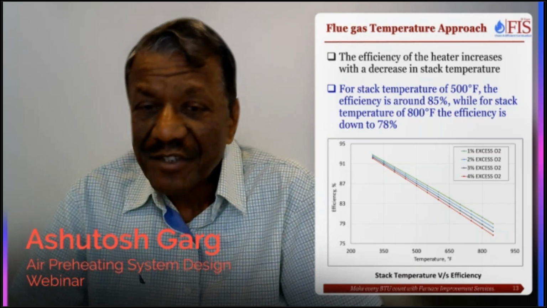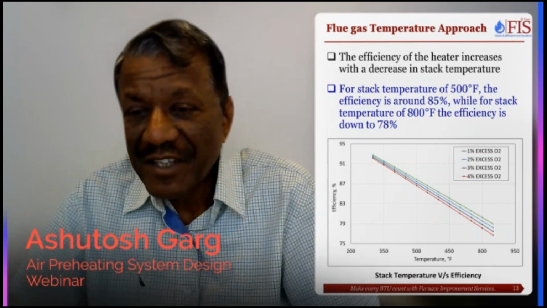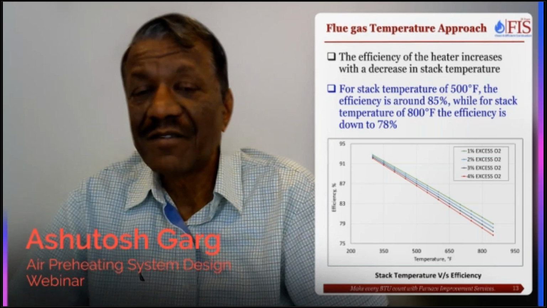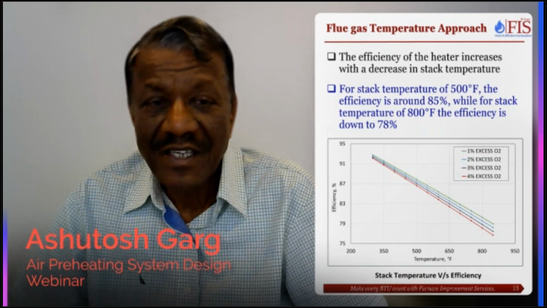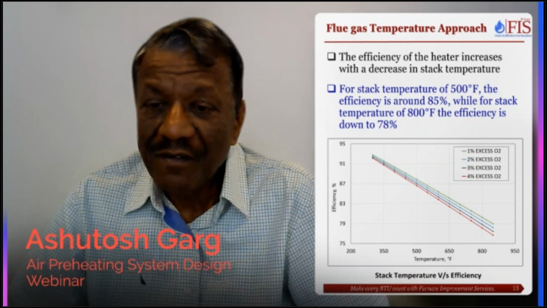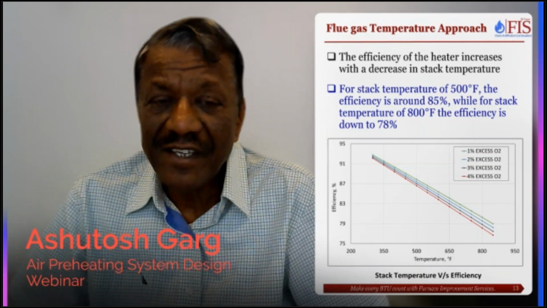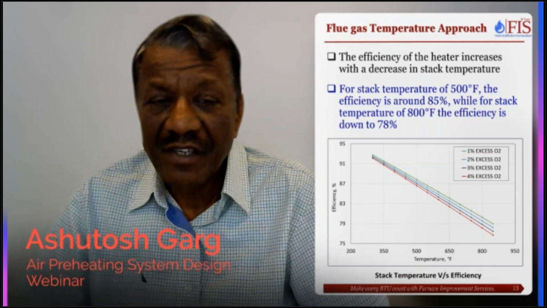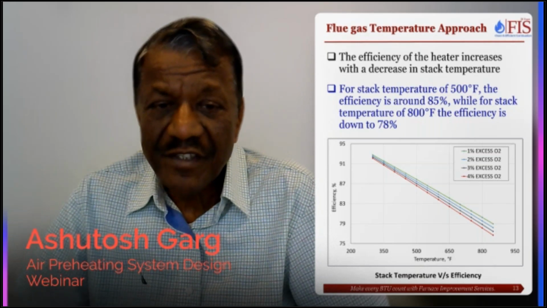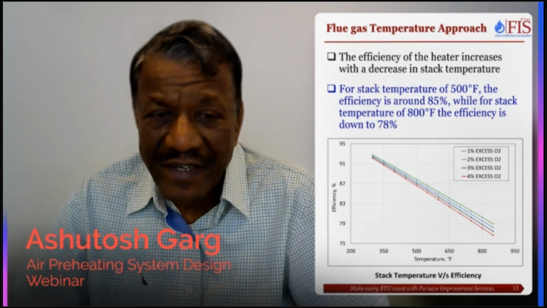Some people stretch it to about 93%, but that's how high efficiency we can go. If you have a stack temperature of 500 degrees, the thermal efficiency is around 85%. If it is 800 degrees, the efficiency is down to 78% or so.